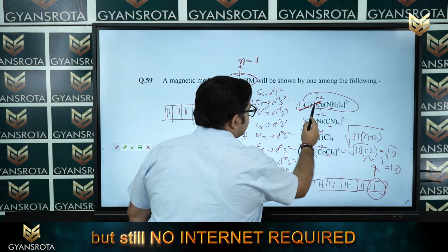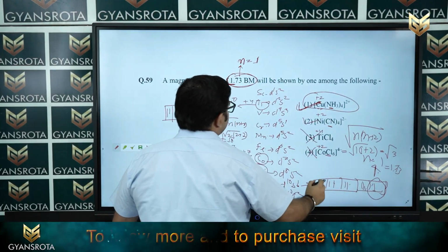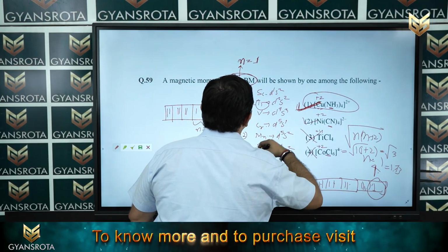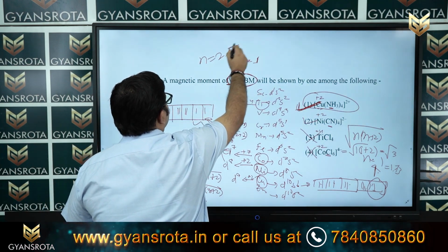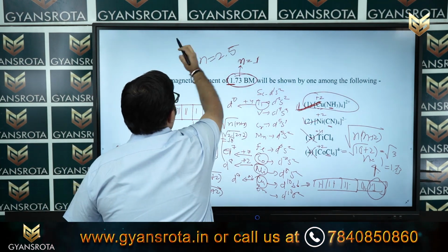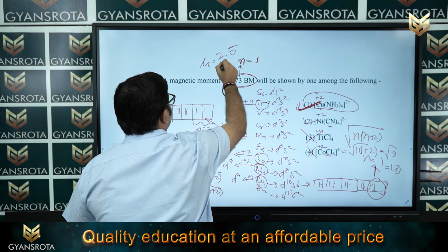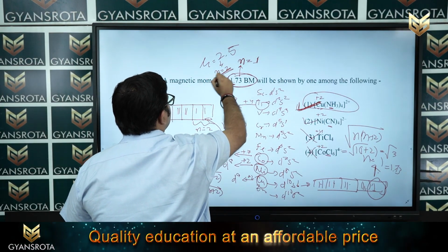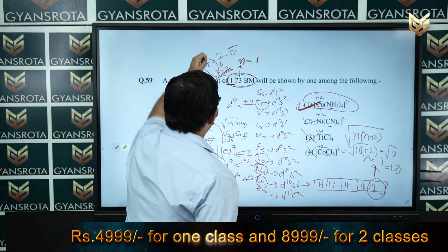Only in the first option is the number of unpaired electrons 1. So, option number 1 is the correct answer. Now, if the value comes as 2.5, then definitely the Bohr magneton value mu equal to 2.5 means the number of unpaired electrons will be 2. So, these things come from observation, and you can remember them as a trick.